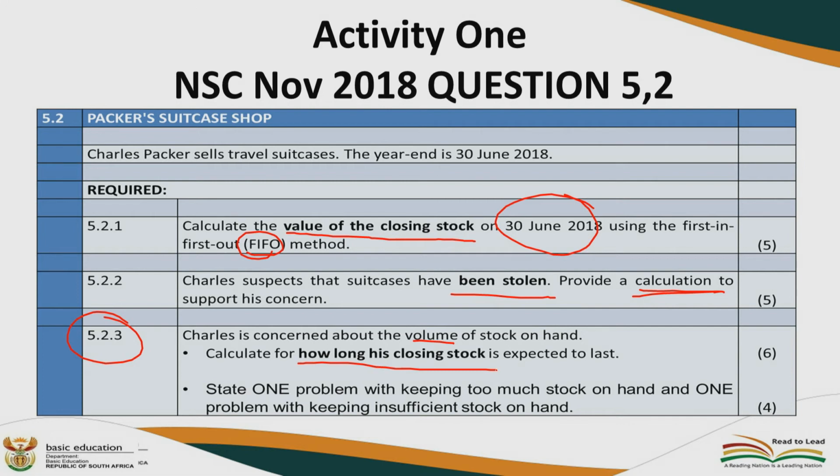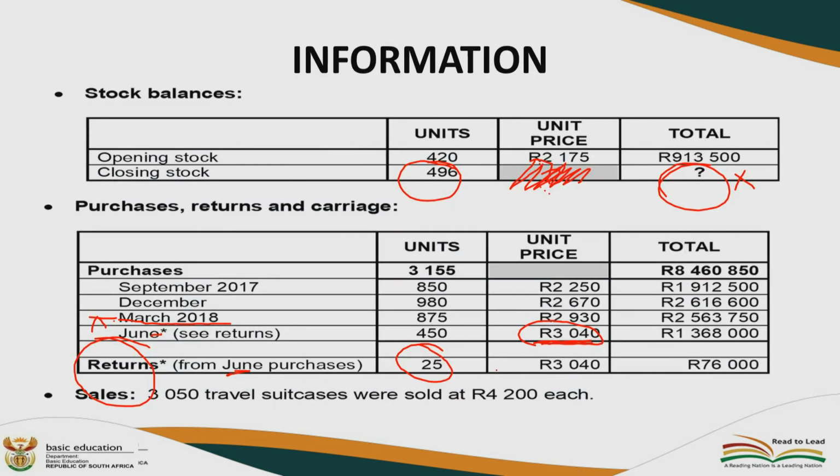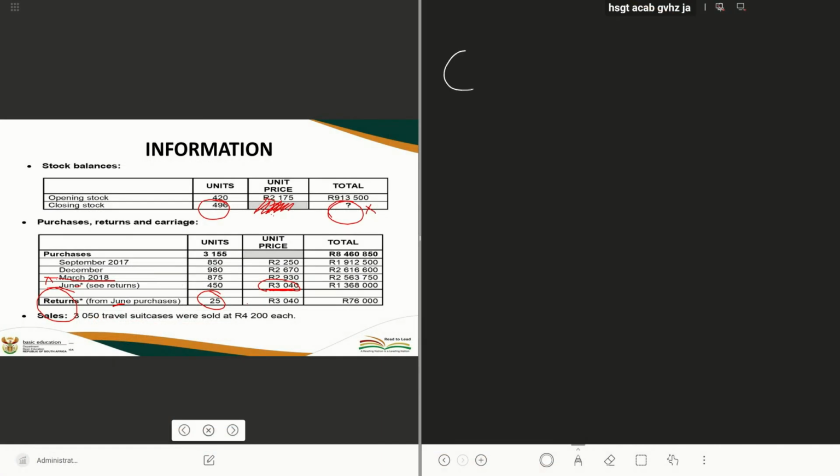We want to calculate now how long is it going to take to sell his closing stock. All right? Please remember, how many units is his closing stock? His closing stock is 496 units. So his closing stock is 496 units. We want to know how long is it going to take to sell these units.